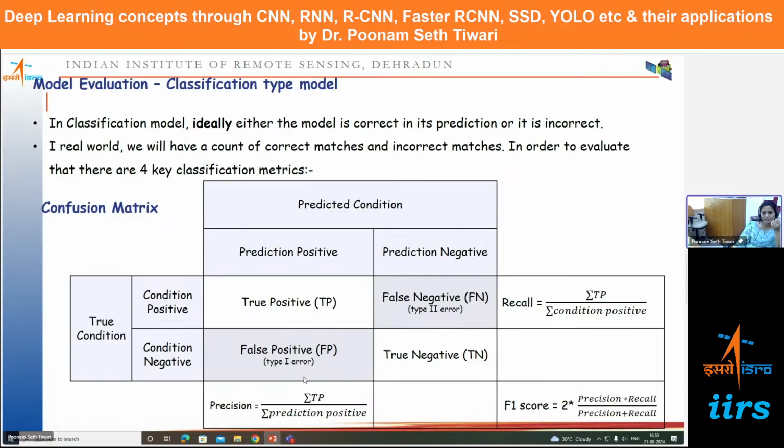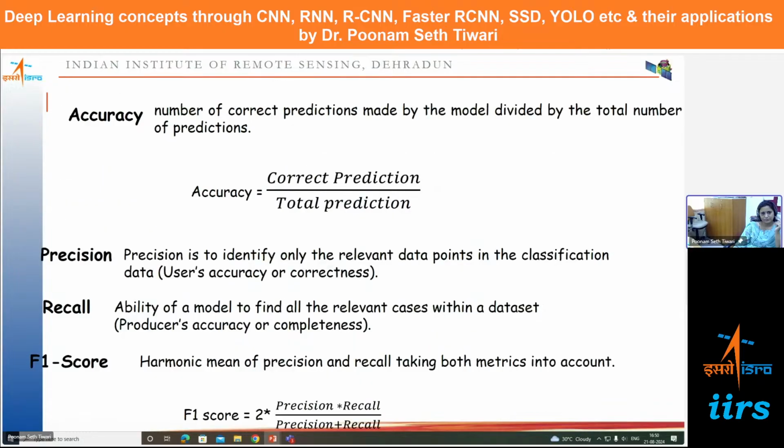Precision is the true positive divided by prediction positive, which is the sum of true positive and false positive. F1 score is 2 multiplied by precision into recall, divided by precision plus recall. These three are the metrics by which you can find out the accuracy of your model.